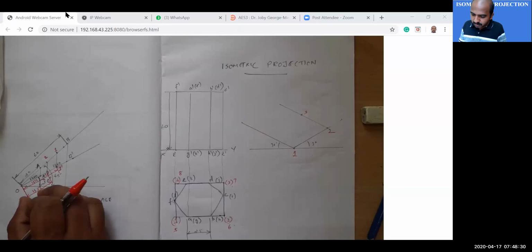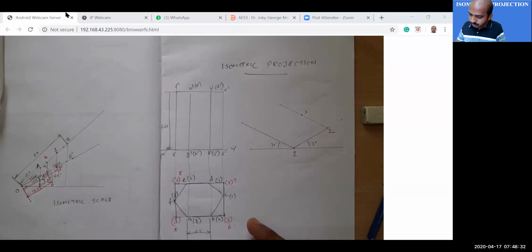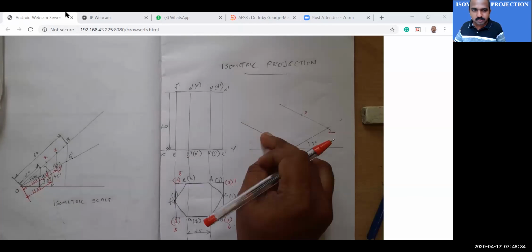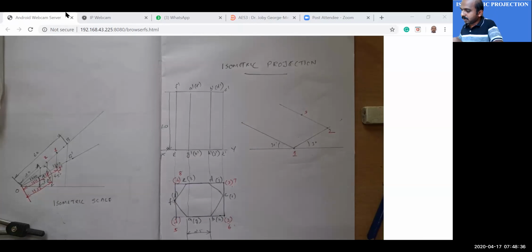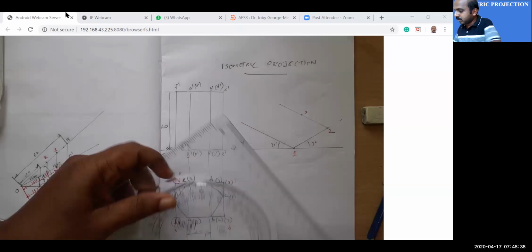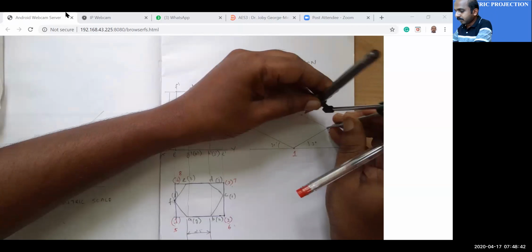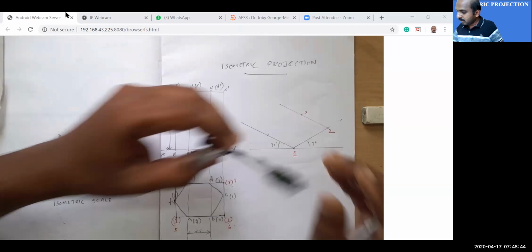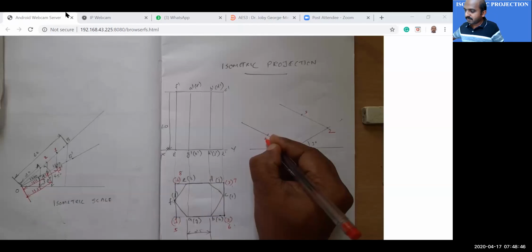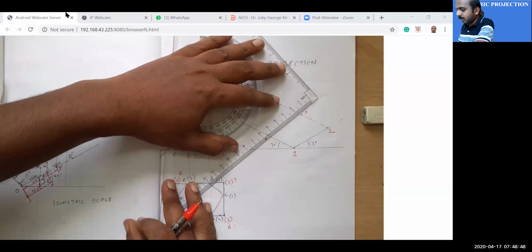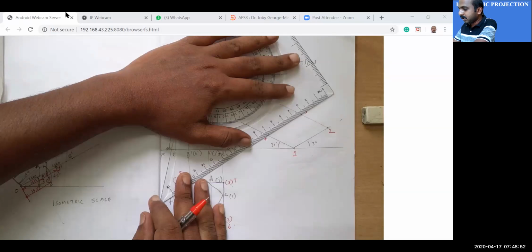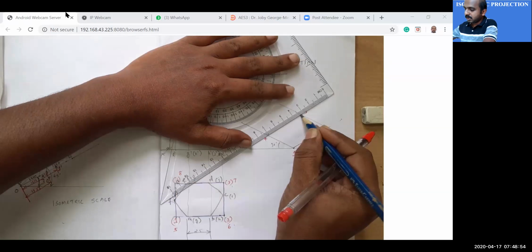Since you already have the isometric length of 2 3, we can mark it here. Both are possible. So this is 4. All the dimensions in the isometric projection are smaller than the original dimensions.